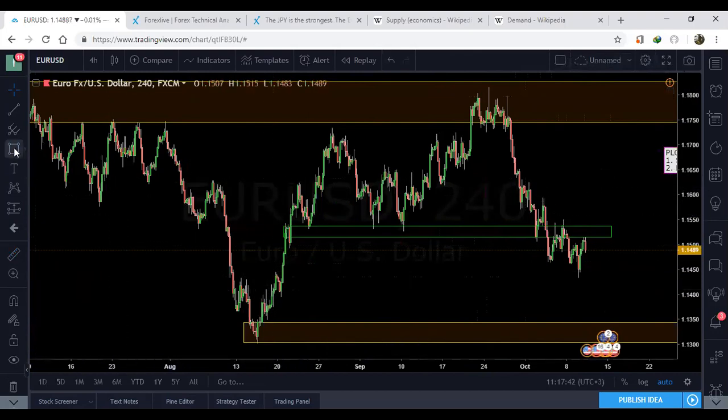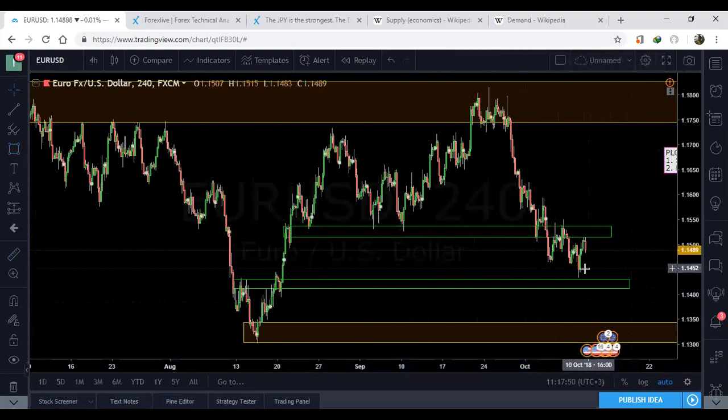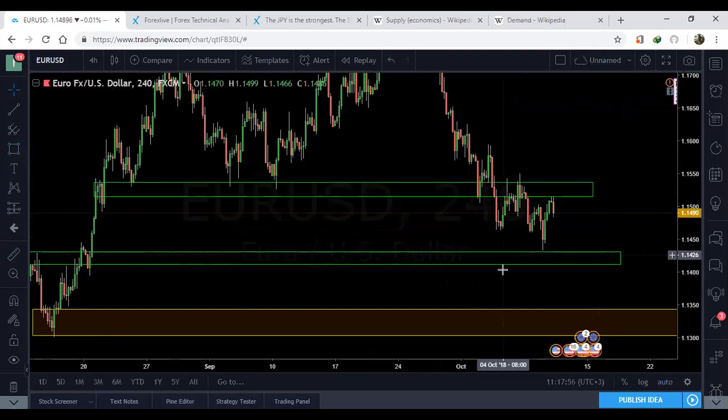So let's look to the left again. We get a minor demand zone. We see how price was rejected at this area. When price came to this area, we see how it was rejected. So we can't have our charts full of lines. We need to see what the difference in pips is. Is it relevant?